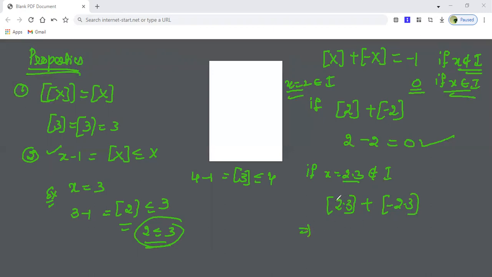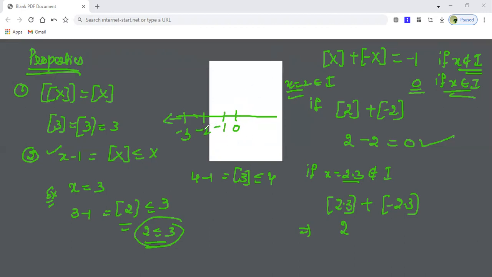So what is the greatest integer of 2.3, guys? It is 2 here. And the greatest integer of minus 2.3 is not minus 2. I am telling you specifically because you have to be very, very careful, as many people make mistakes here. Whenever you feel that you are not understanding the greatest integer with negative numbers, try to draw the graph, and you will understand it quickly.